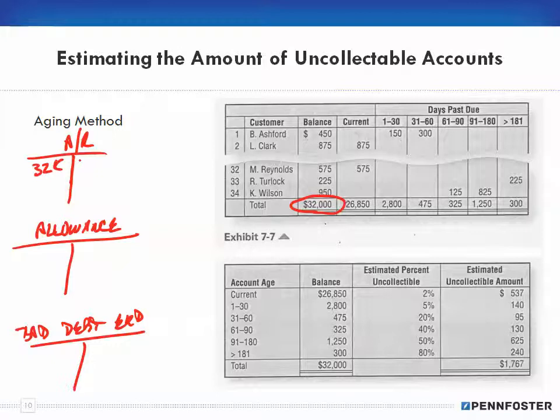I'm actually going to use the numbers in the book this time to keep things simple, since I'm using the exhibits from the book. So in our allowance account, we had a balance of $450. Now we go through and see what's current, what's past due in 1 to 30 days, 31 to 60, 61 to 90, and so on.